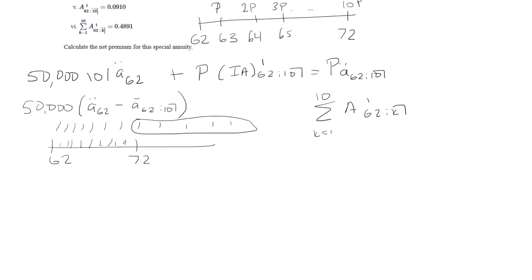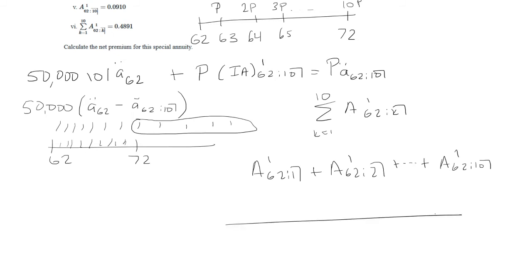So if we were just to write out a couple terms, this is how it would look. So let's do a little diagram. So we start at age 62, going all the way up to age 72. So if the person dies at the end of the year, they get a payment of 1.